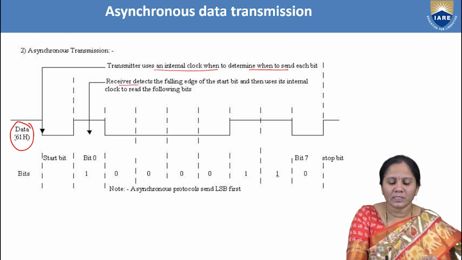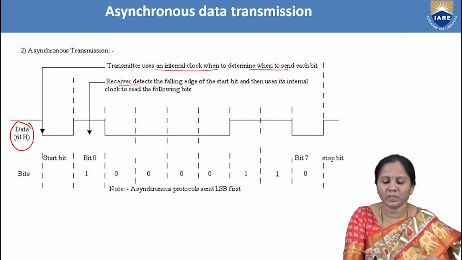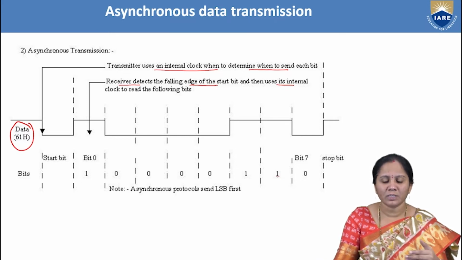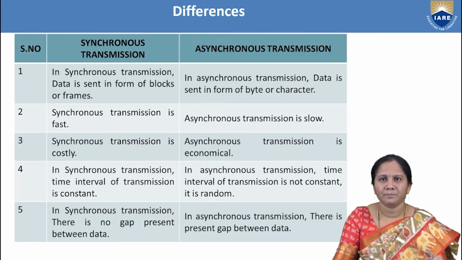And the receiver, at the next cycle, is going to detect the falling edge of the start bit, and it uses its internal clock to read the following bits. So this is how the transmitter and receiver will be synchronizing by using the internal clock signal.